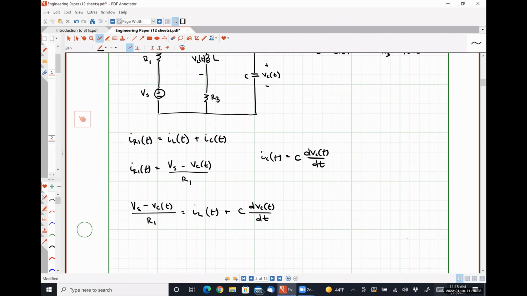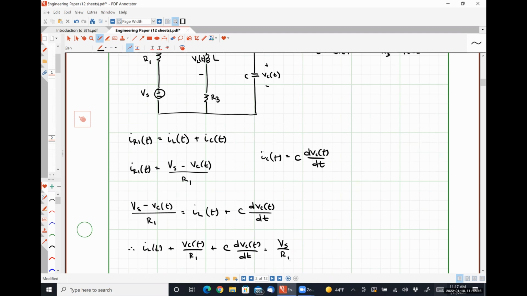And if we were so inclined, we could rearrange this ever so slightly and find that IL of t plus Vc over R1 plus C dV by dt is equal to Vs divided by R1, if I've got my algebra correct here.